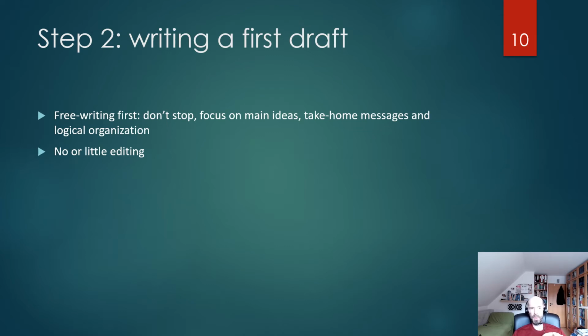So don't be a perfectionist in this phase, but rather engage in what's called free writing. Try to get down your main ideas in complete sentences and in a logical order. Try to focus on your take-home messages. Organize things logically if possible.